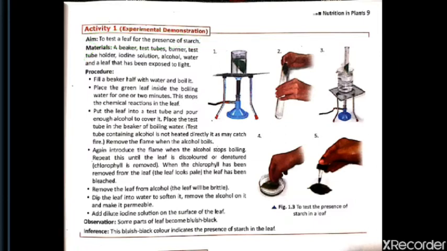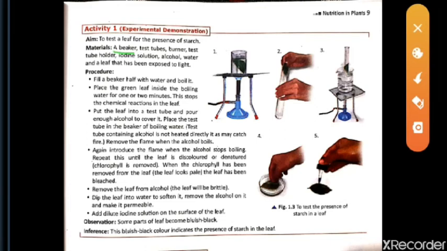So take some materials. This one is the beaker, this long one is the test tube, and this one, the down one which will give you the fire, is the burner. The test tube holder is not shown in this picture, so there is a handle just like this which will hold the test tube.